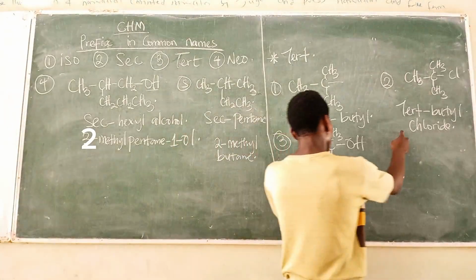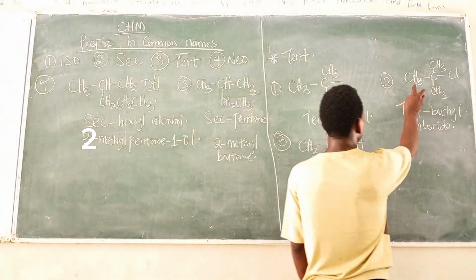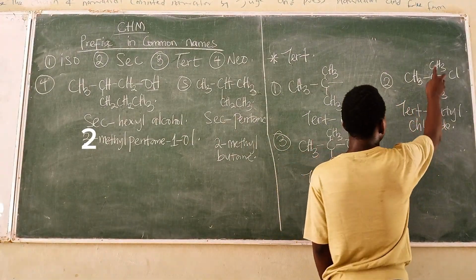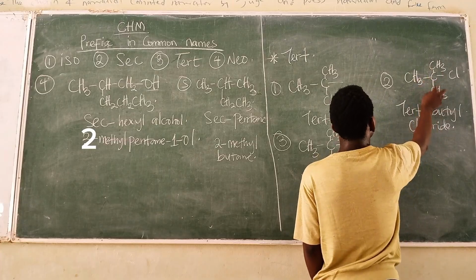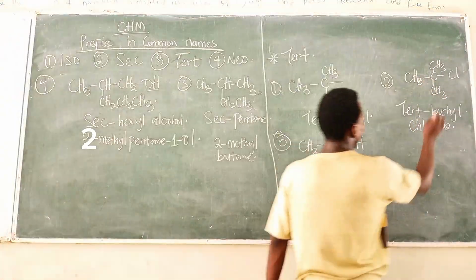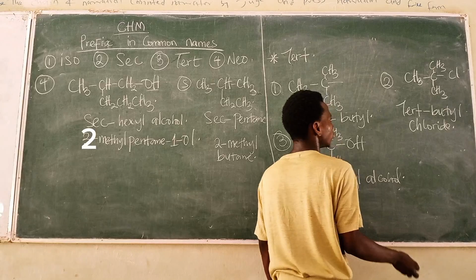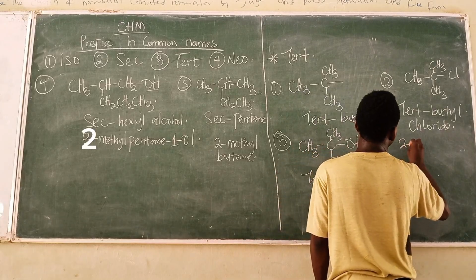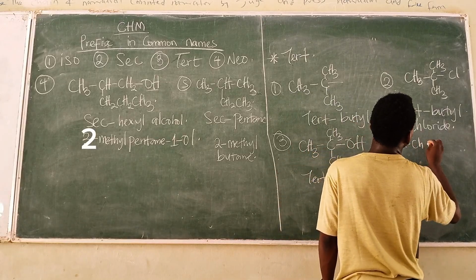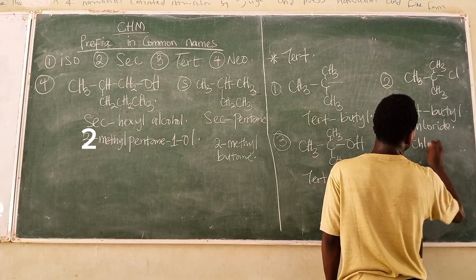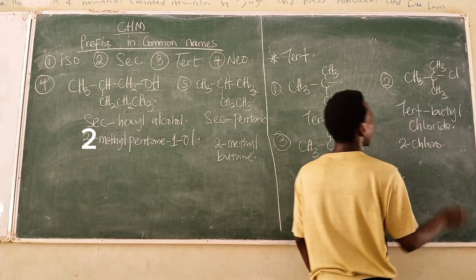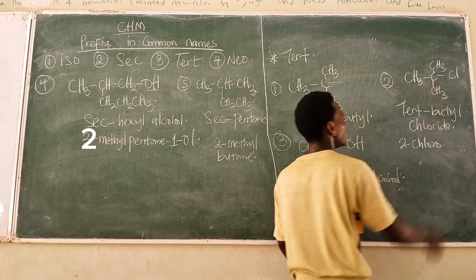Now here, the IUPAC name of this becomes, first of all, you choose the longest continuous carbon chain, which in this case is 1, 2, 3. So on carbon 2, you have a chlorine atom. So that is going to be 2-chloro. Also, on carbon 2, you have a methyl.